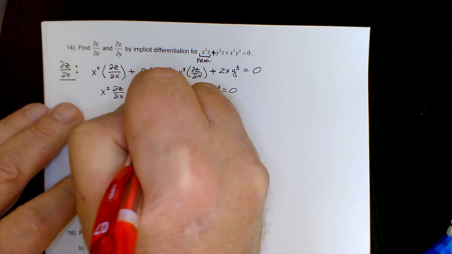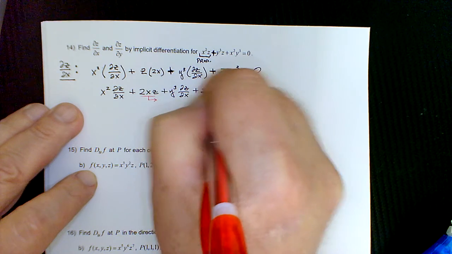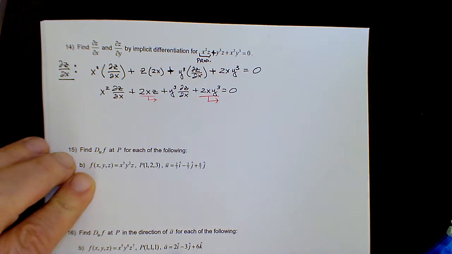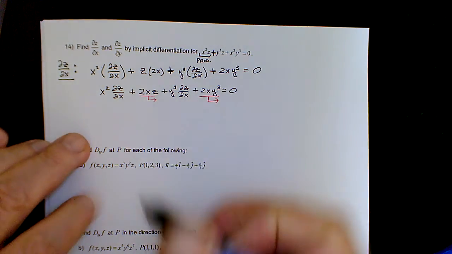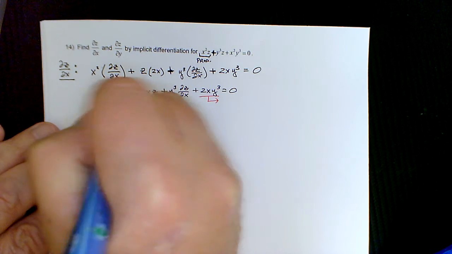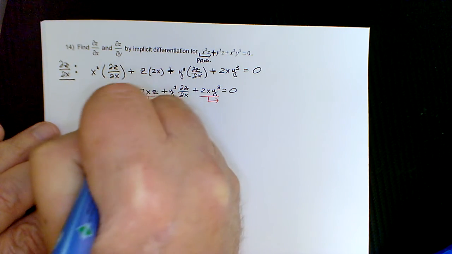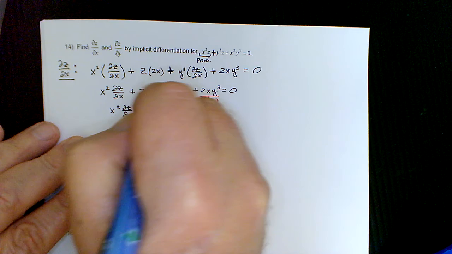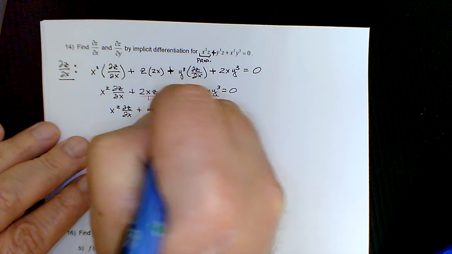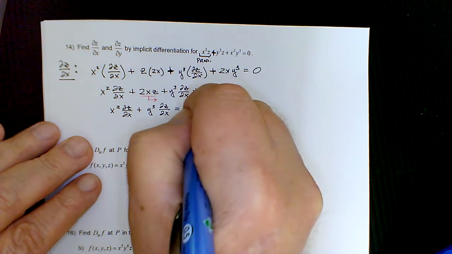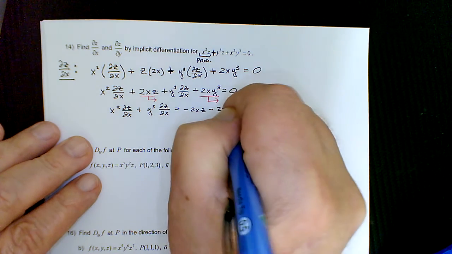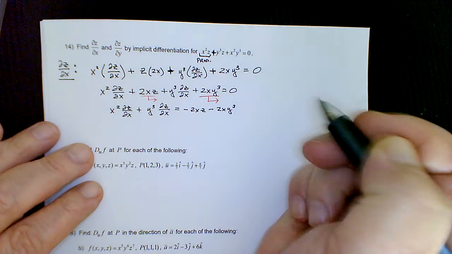So we'll move everything that contains the partial z with respect to x to one side, everything else to the other. And so we'll have x squared partial z with respect to x plus y cubed partial z with respect to x equaling negative 2xz when transposed, and then minus 2xy cubed when transposed.